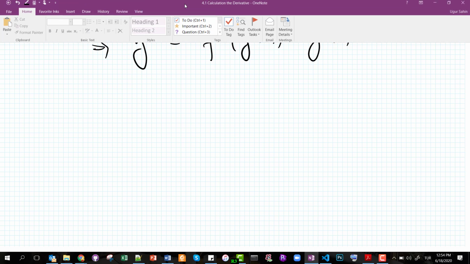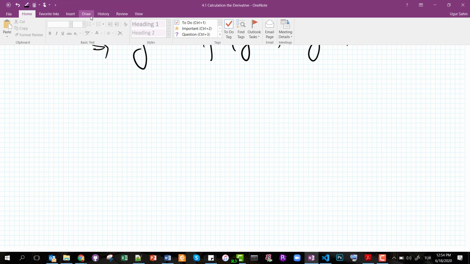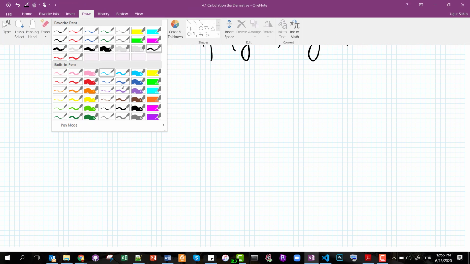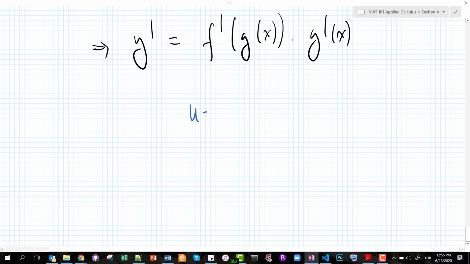If you say u is equal to g of x, I can turn this formula into this notation as well. If you take the derivative of u, that would be du over dx, which is equal to g prime of x.